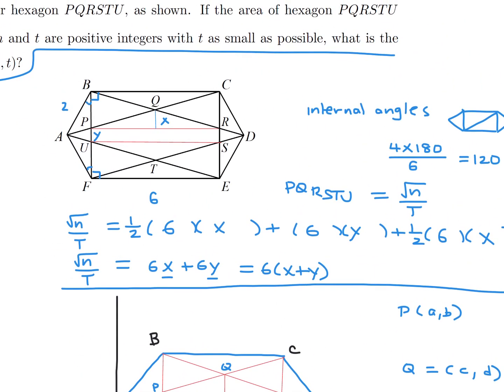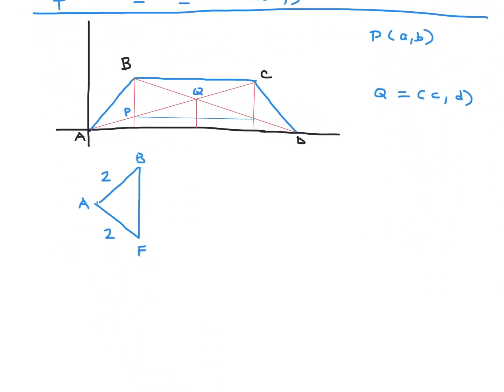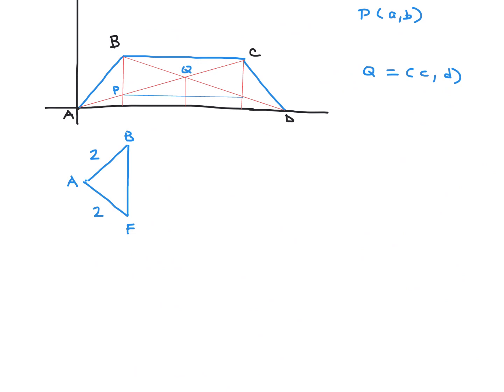Because this is a 90-degree angle. The internal angles were 120. So if this is indeed 30 degrees in here, let's just put in 30. If I draw a line like that, and like that, that is perpendicular, then that means this becomes 60. So that's a 30, 60, 90 triangle.